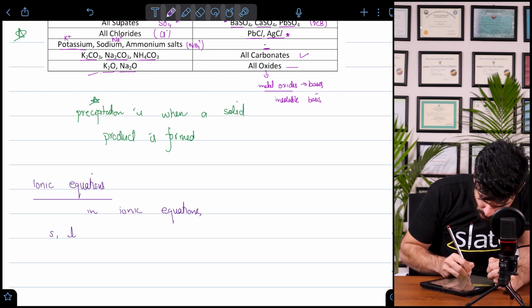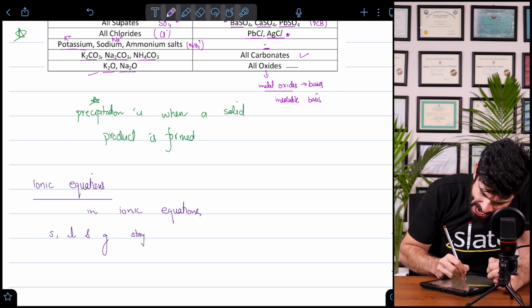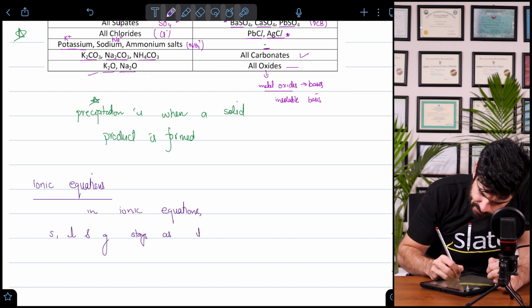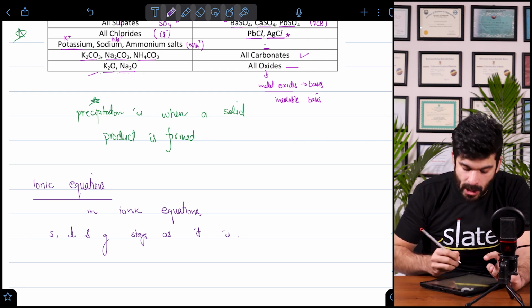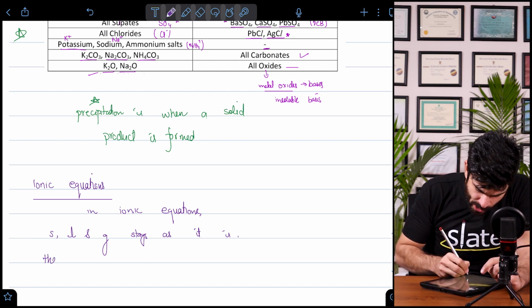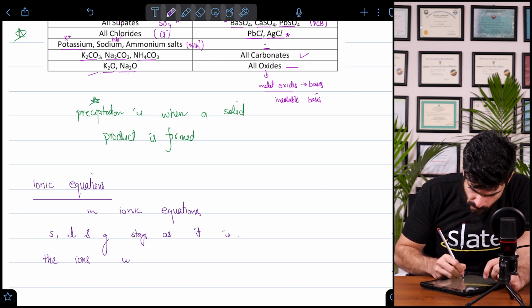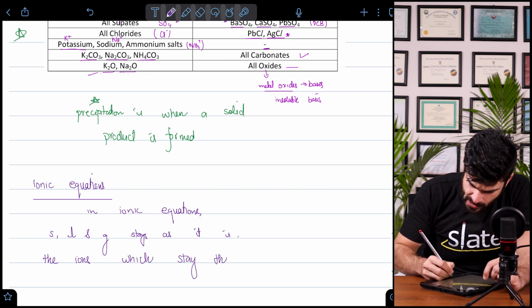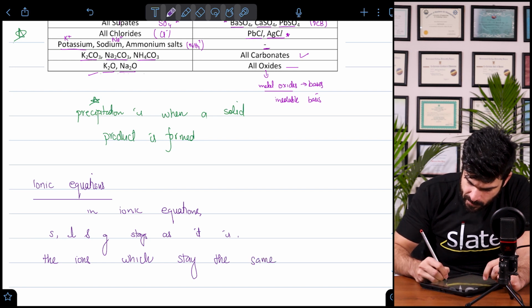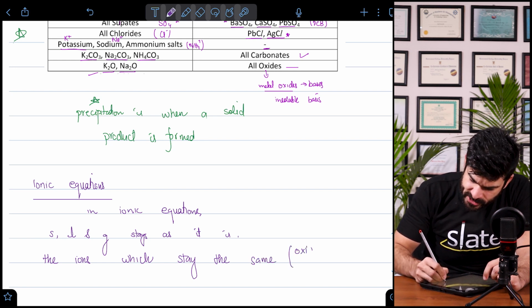Solid, liquid, and gas stay as they are. Now let's talk about the other one: the ions which stay the same. How the same? Their oxidation state is the same and their physical state is the same.